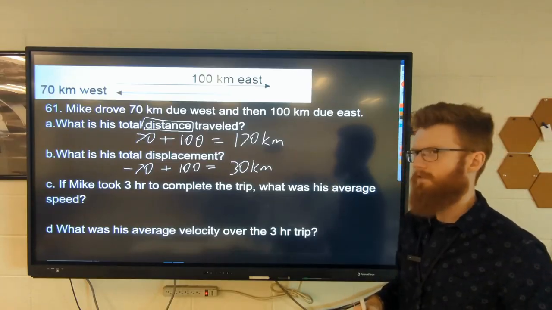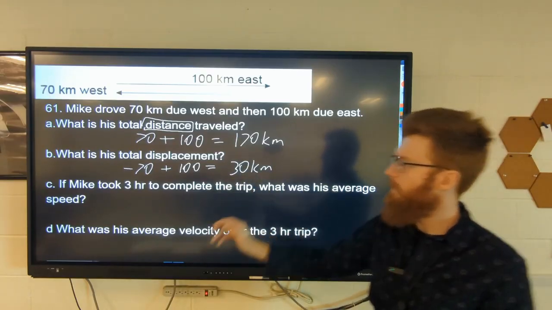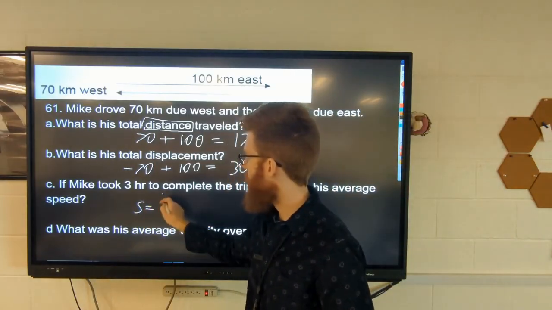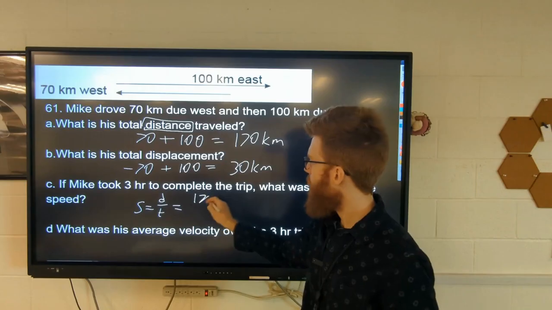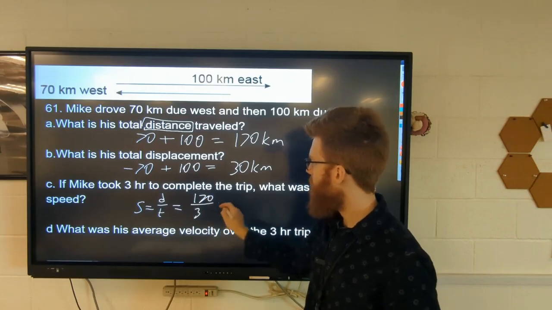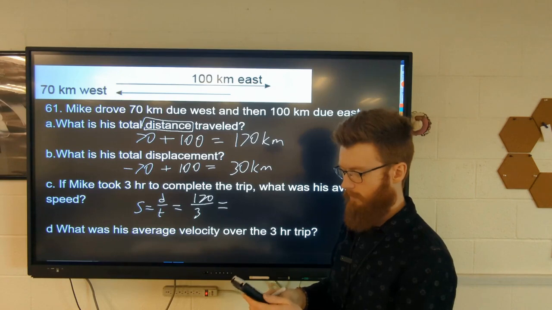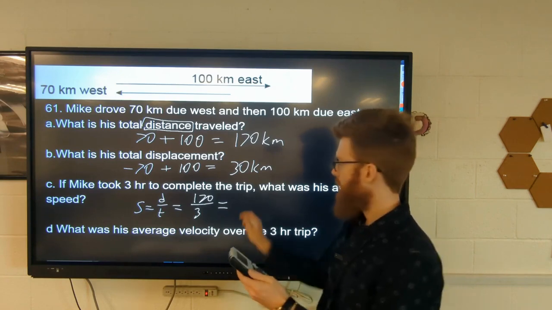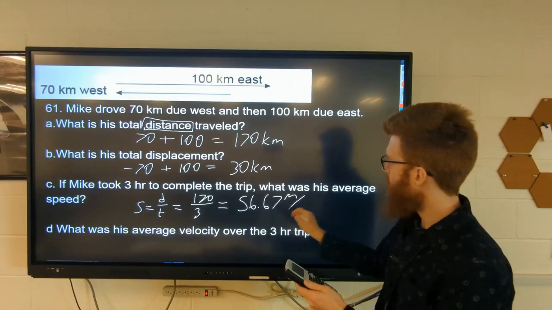Letter C. If Mike took 3 hours to complete the trip, what was his average speed? Speed is just distance divided by time. Distance we got up here. Divide by 3. I don't want to do that the long way, so I'm going to toss that into my calculator and get 56.67 meters per second.